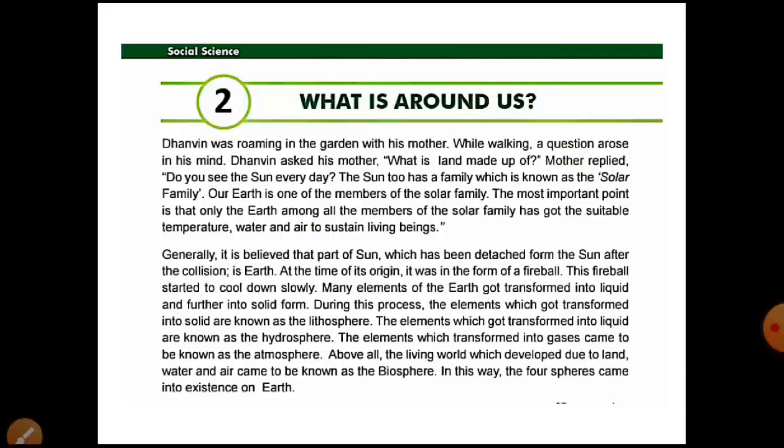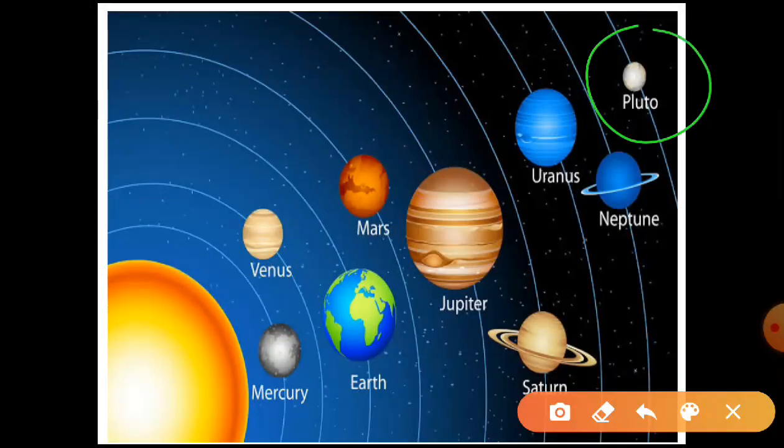Before August 2006 there were 9 planets, but after August 2006 Pluto, which was considered a dwarf planet, was removed from the solar system. Here you can see all the planets, and Pluto is also given, but it was considered a dwarf planet by the International Astronomical Union and was removed after 2006. So presently there are a total of 8 planets.